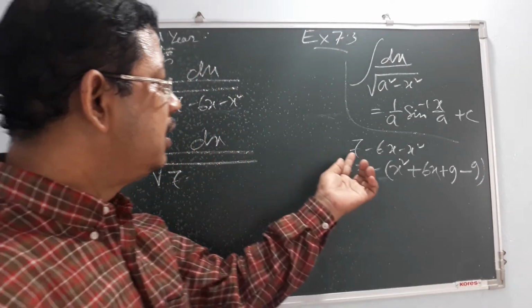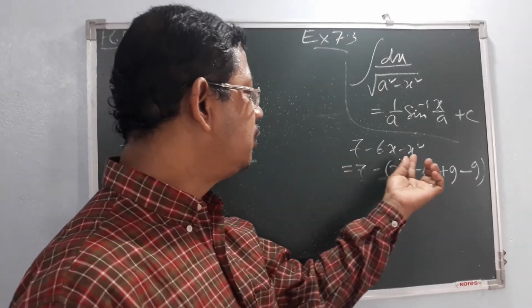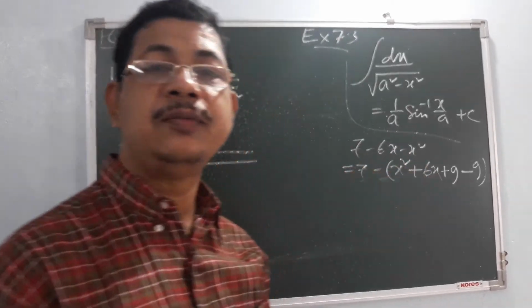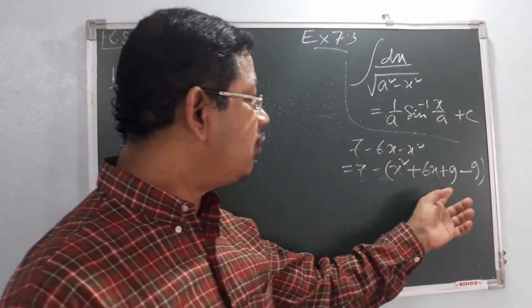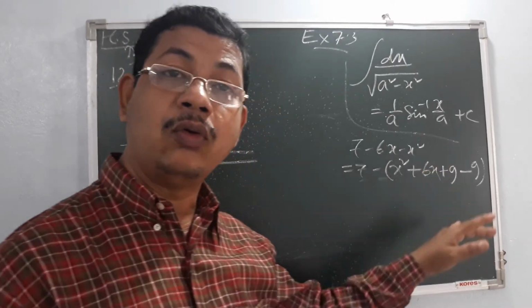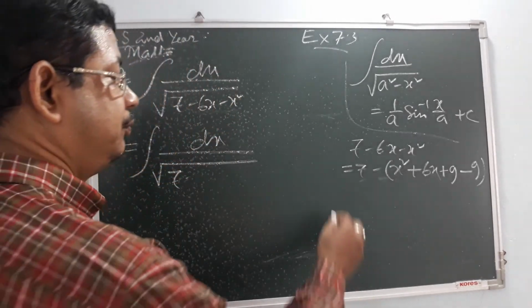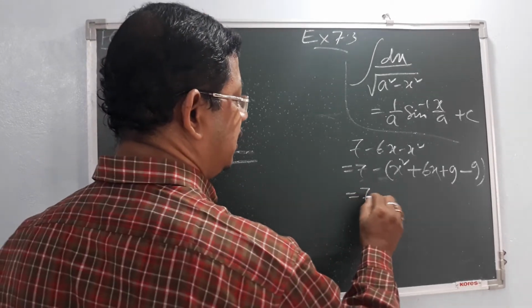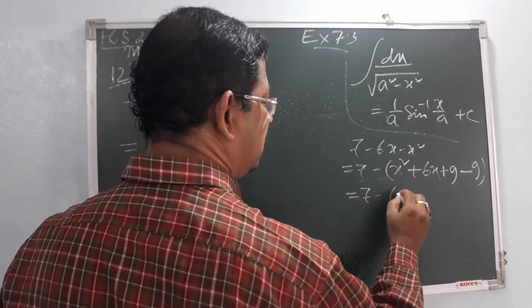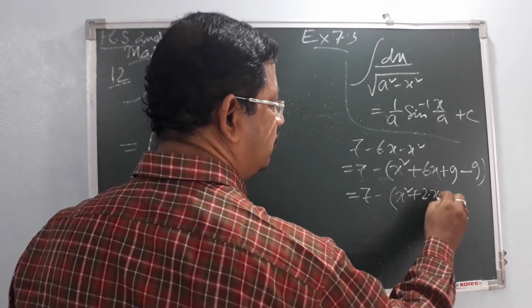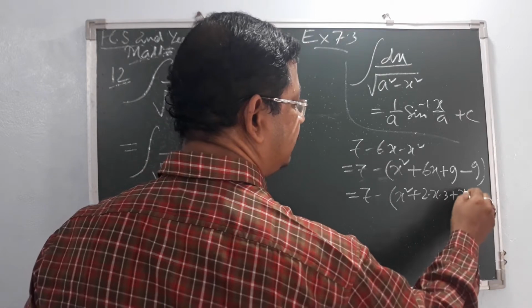See, 7 minus taken common, so it will be plus x square, minus 6x, it will convert in plus 6x, and overall I have added 9. So of course you have to deduct 9 also. Then this will be x minus, if I try to write in twice ab form, then is it like that?